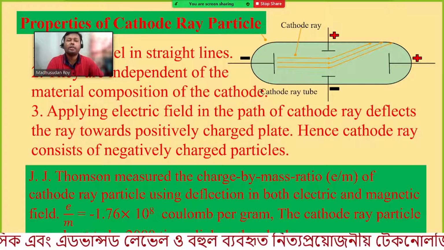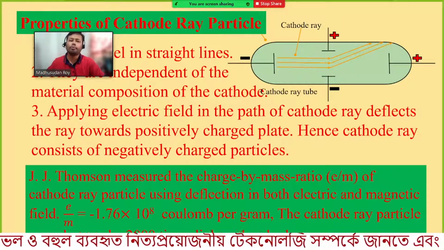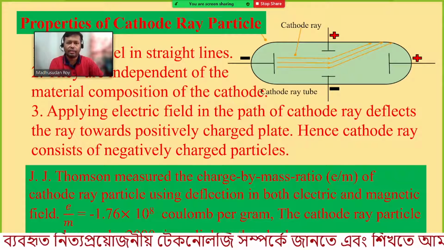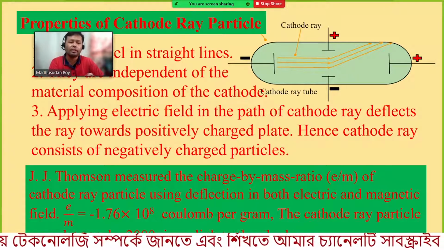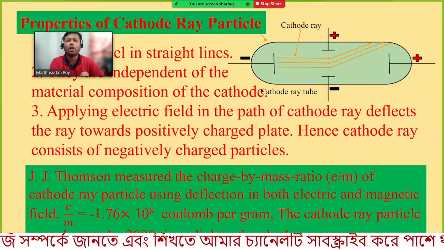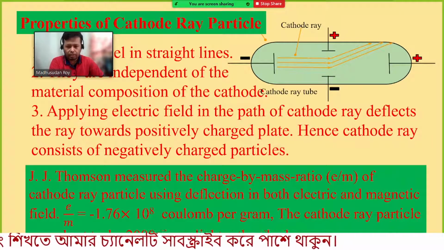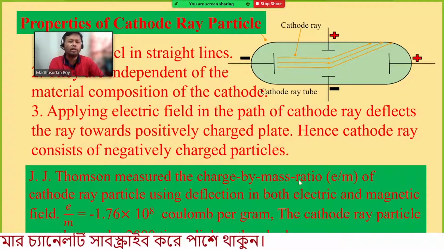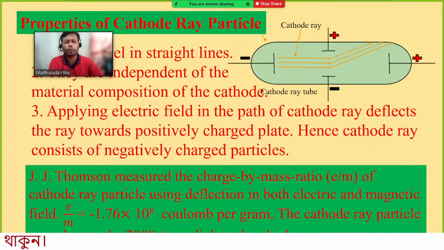Because hydrogen does not have any neutron, so hydrogen has only one proton and one electron. Therefore the mass of a proton and the mass of a hydrogen atom are almost the same, so we consider the unit of mass as hydrogen, or the mass of a proton; both are the same.